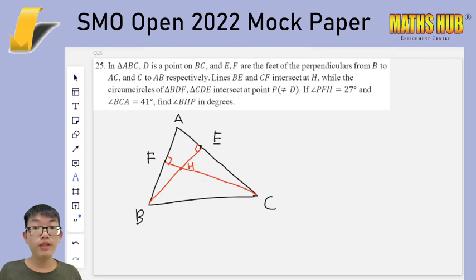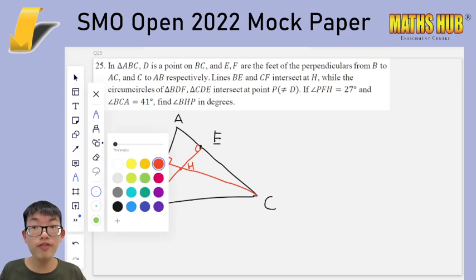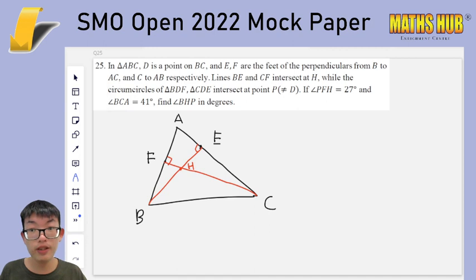While the circumcircles of BDF and CD, okay, so here's where we definitely need the point D. BDF and CDE, their circumcircles intersect at point P. Let's say D is somewhere here.